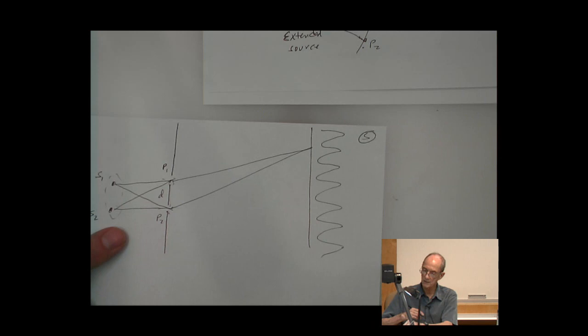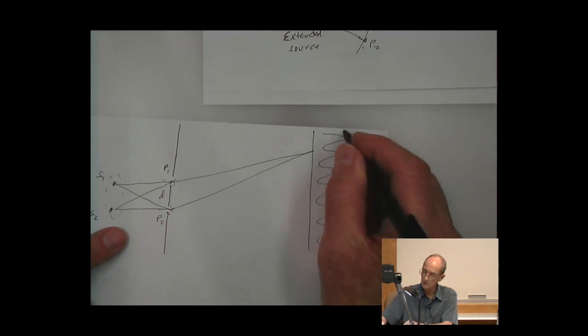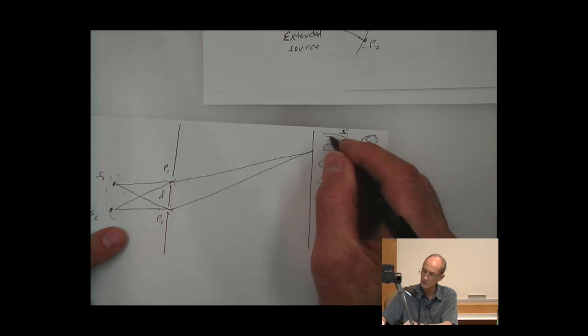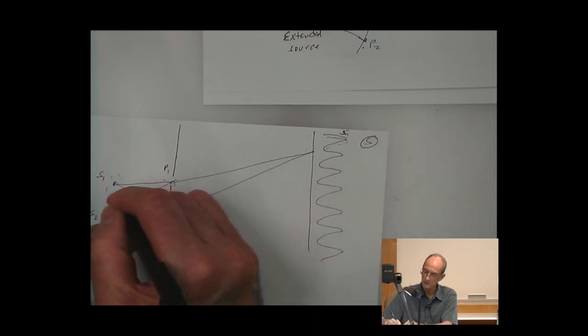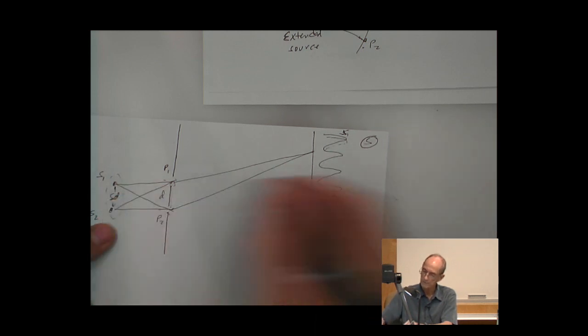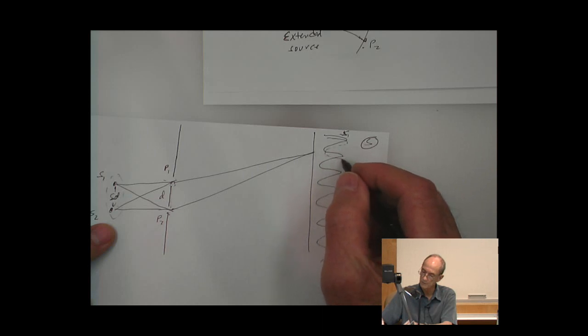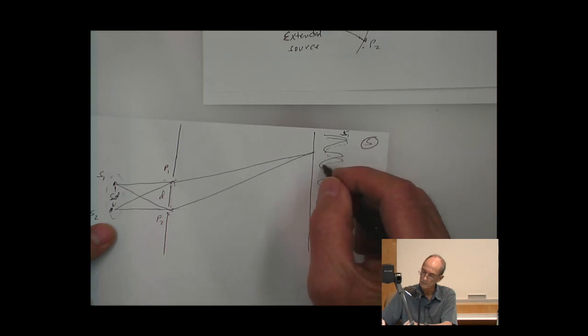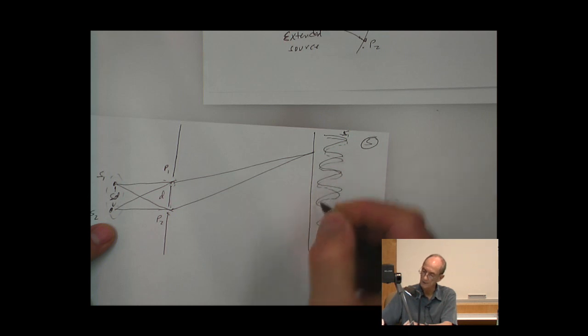But now if we let this other source propagate as well, here's the light from S1. For S2, it's going to be slightly shifted, and that corresponds to this distance here. So we end up with another nice set of fringes, but they're shifted.